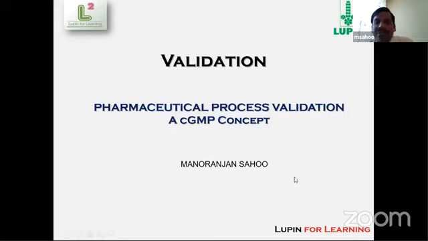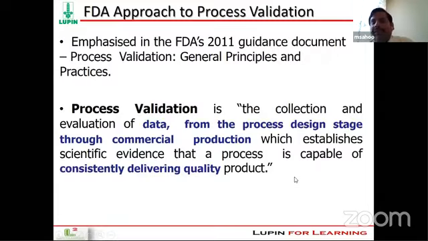So moving on, as we have already shown in the previous slide, which Mr. Jain also shared, there was a 211 guideline which laid down the principle of process validation from the FDA. After that, the European Union in 2015 came out with a guideline which was implemented in October 2015.